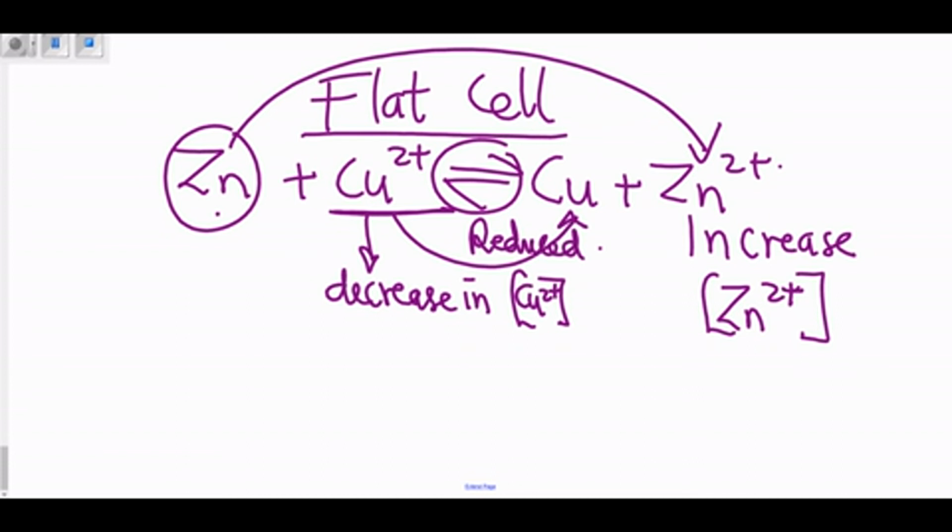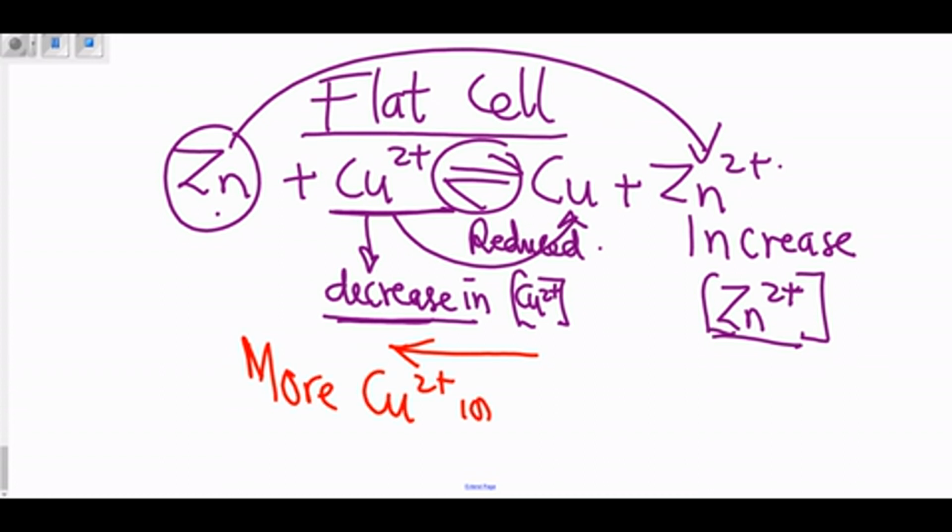And the question is, how will it shift? Since this is where there's a decrease, and here there's an increase, it will shift to favor the reverse reaction. When it favors the reverse reaction, it means it will shift so that more Cu2+ ions are formed.